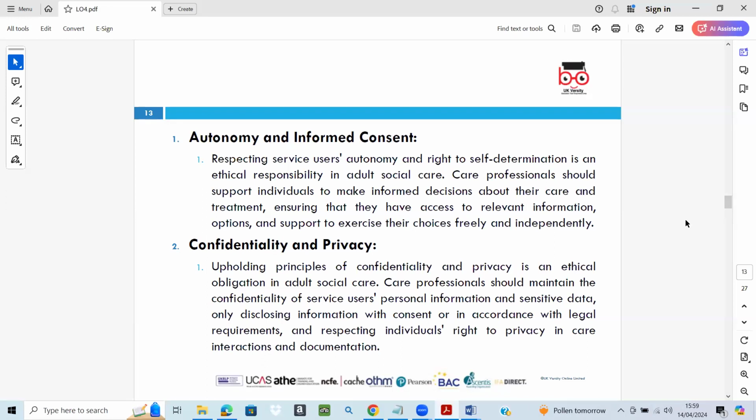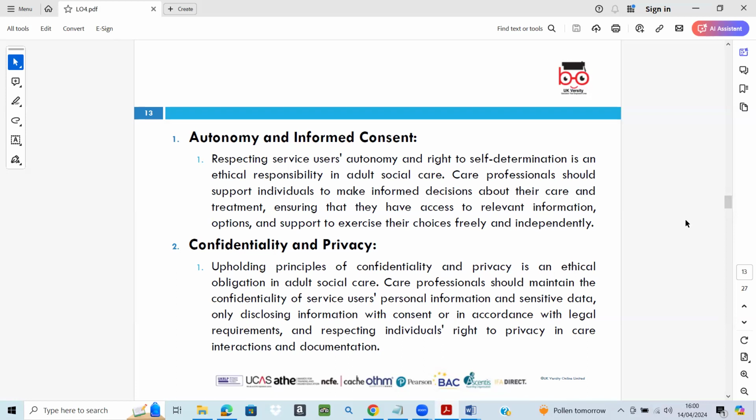It affirms the dignity and self-determination of service users. Supporting them to make informed decisions involves ensuring they have all necessary information about their care options, potential risks, and benefits. This empowers them to make choices that align with their values and preferences.